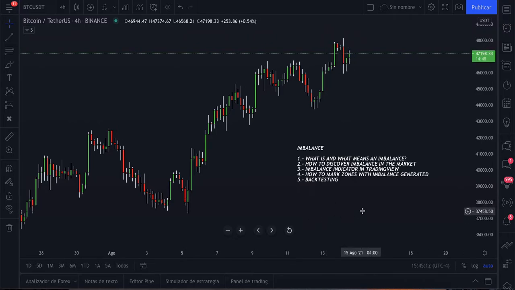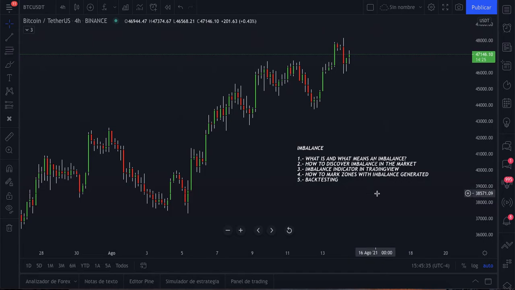I have 5 points that I want to talk about today. The first point would be what is and what means an imbalance in the market. The second point will be how to discover where we can find imbalance in the market. Three, how to set up the imbalance indicator in TradingView.